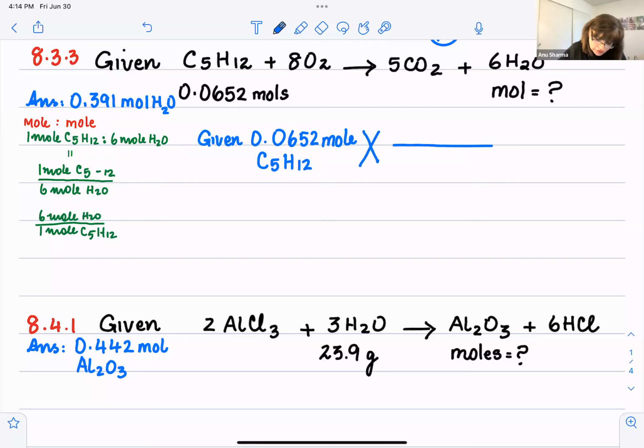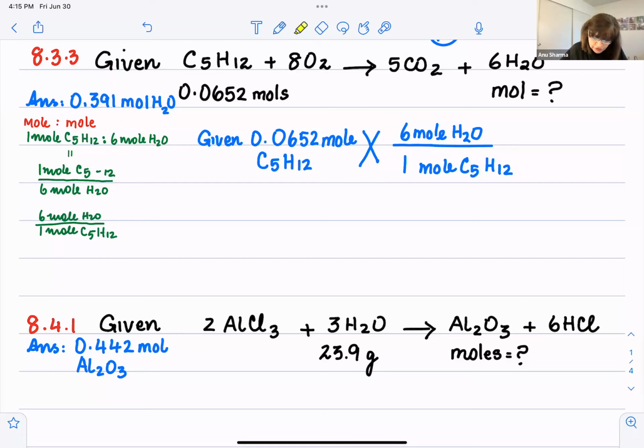So in the ratio, 6 moles of water is going to be on the top. So we're going to use this conversion factor, which cancels out the moles of C5H12. And only 1 mole of C5H12, that's the relationship.